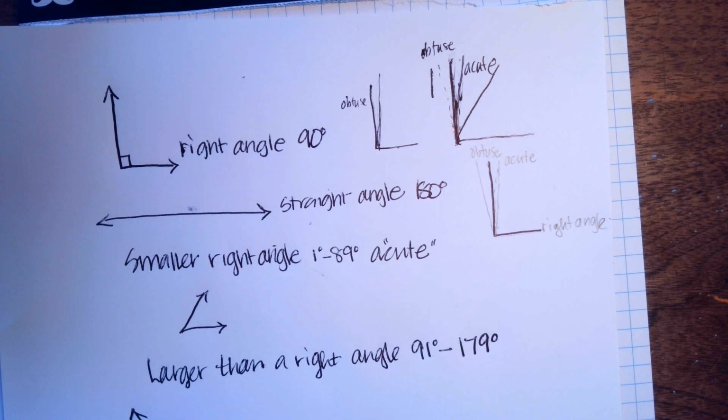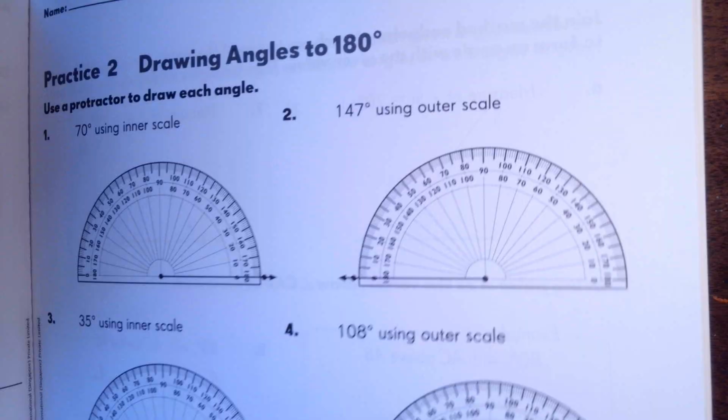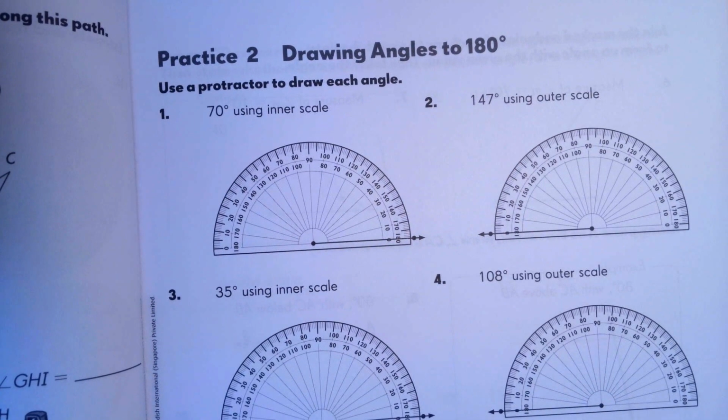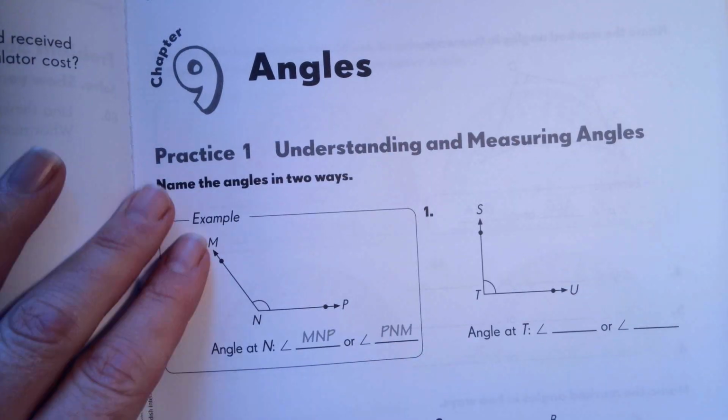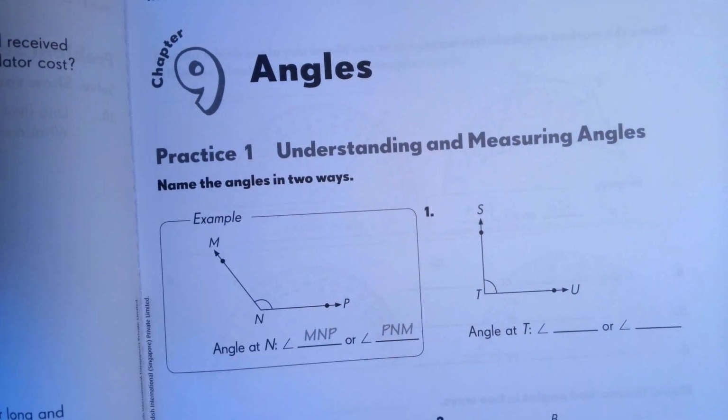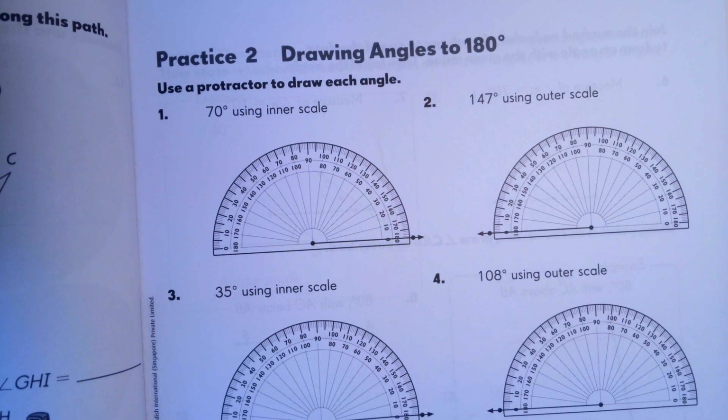And then we would use a protractor to figure out what that is. So they're going to do two things. They're going to have you measure an angle that is already existing, like this. And then the other thing is they're going to have you draw an angle.